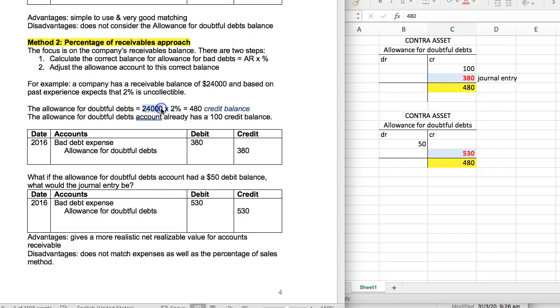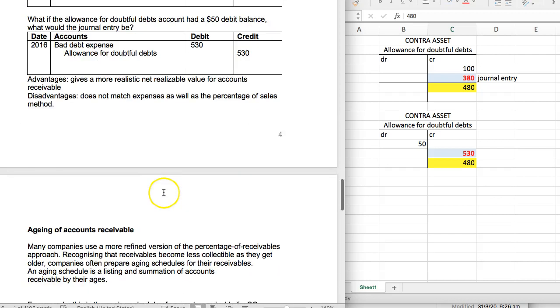So what I can do is split the accounts receivable up into different ages. What I mean by that is we can split it up based on how long we have been waiting. And then the longer we have been waiting, we can use a higher percentage, because the longer you wait, the less chance there is that you will ever get that money.